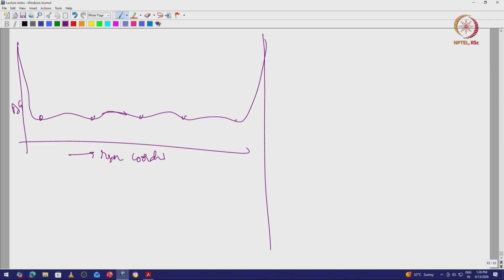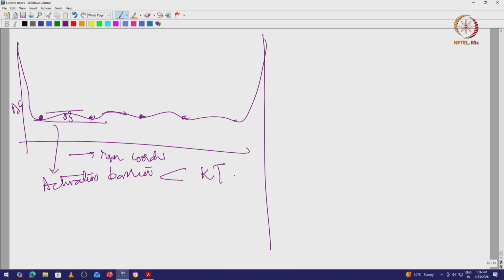Which means this material is able to jump from one state to another, to another, to another. That means there is some activation barrier here, and this activation barrier is less than the kT of my material.